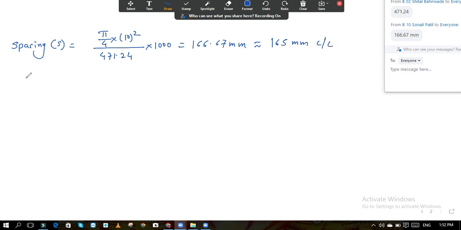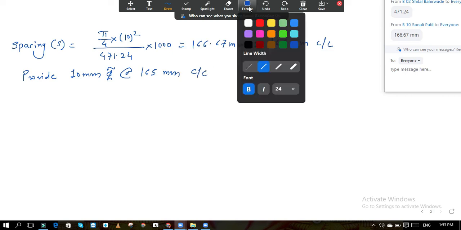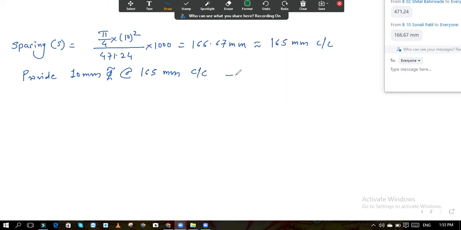So here we can write now provide 10 mm diameter bar about 165 mm center to center. Okay, so this is our main steel.